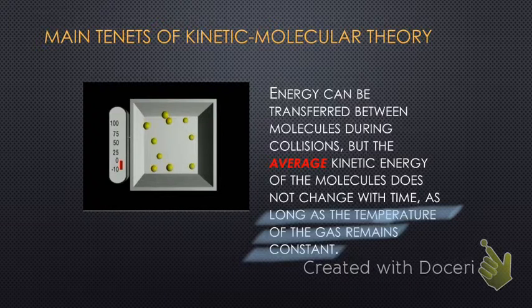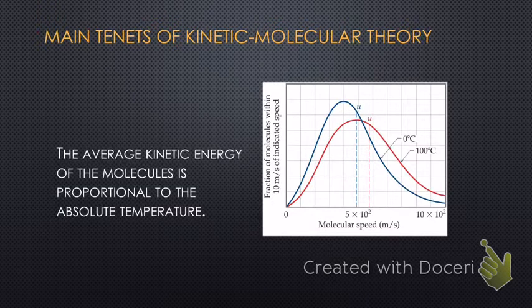So what happens if you change the temperature? Just think about what happens if you start to add heat to a gas. What this graph is showing is the fraction of the molecules that have a specific speed.